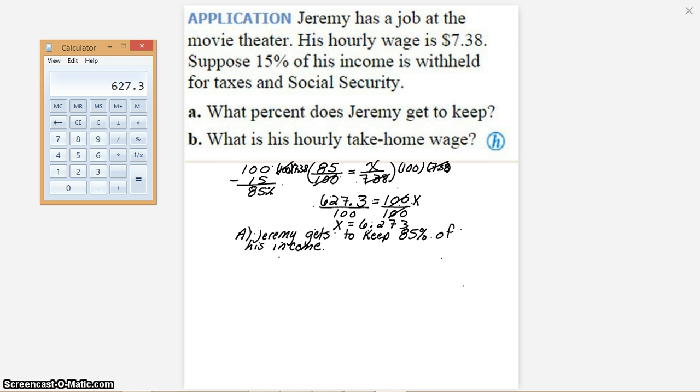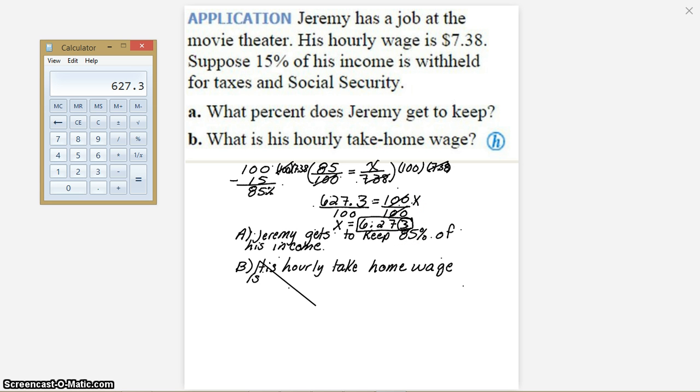Okay, and part B, what is his hourly take-home wage? So his hourly take-home wage, I'm just restating the question, is, and now we got a funny number, right? Because 6.273 is not a dollar amount, right?